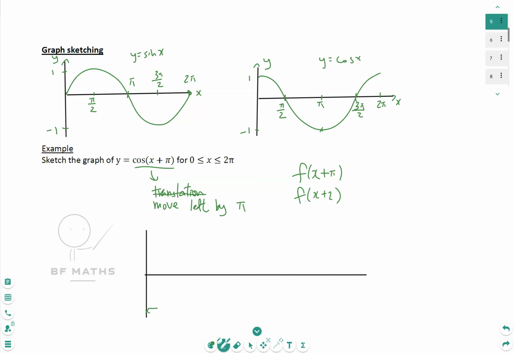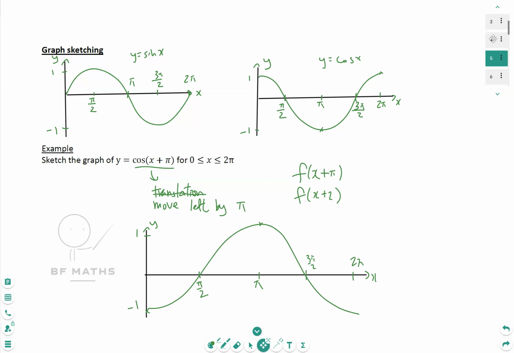So it goes like this. That's minus 1, that's 1. That's pi over 2, that's pi. Where it was 2 pi, now it becomes here. The peak at 2 pi is now at pi. Then 3 pi over 2 and 2 pi, x and y. That's it. All right, and that's 5.1. So we learned about the conversion between pi, radians, and degrees.